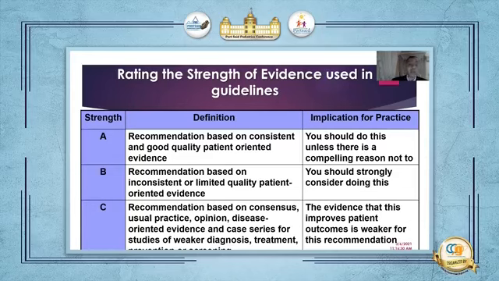Recommendation B means it's based on inconsistent or limited quality patient-oriented evidence, and you should strongly consider doing this. C is recommendation based on consensus, usual practice, opinion, disease-oriented evidence, and case series or studies of weaker diagnosis, treatment, prevention, or screening, and the evidence that it improves patient outcomes is weaker for this recommendation.